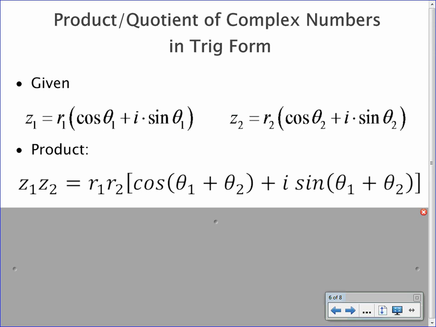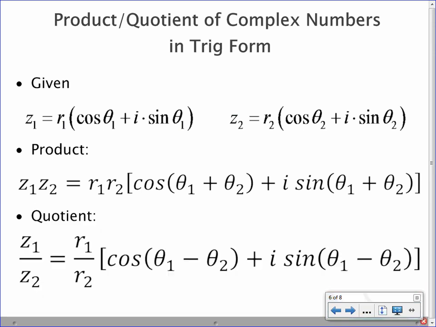How do you think division is going to go? Minus. Divide the r's, subtract the angles. So I'm going to move this up.